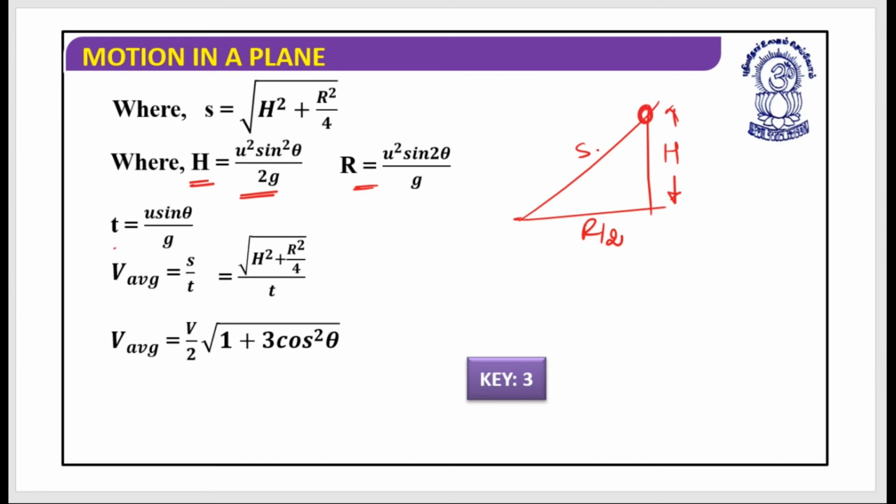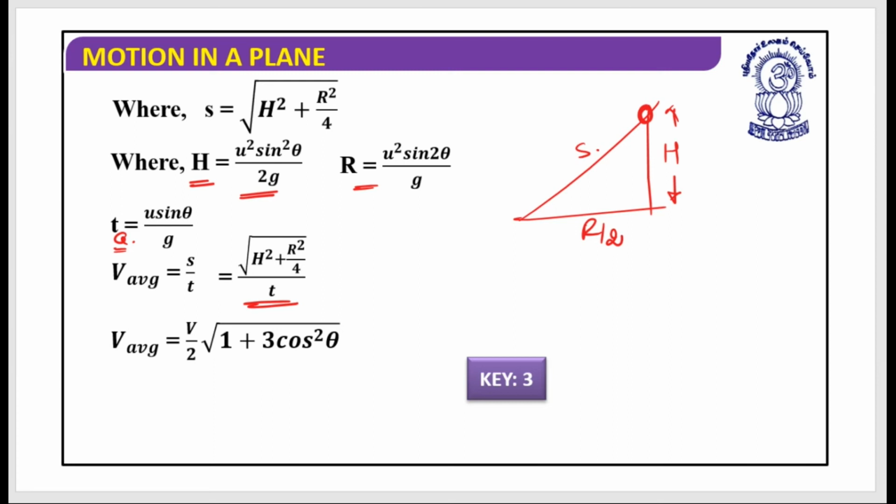Now t: you can observe that this is the position where it would be at the highest point. That means it's the time of ascent, and time of ascent can be written as u sin theta by g. So let's replace the values. Under root of h square plus R square by 4, divided by t.